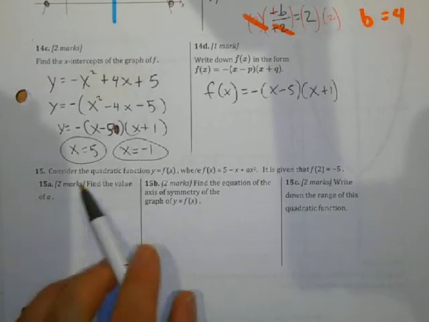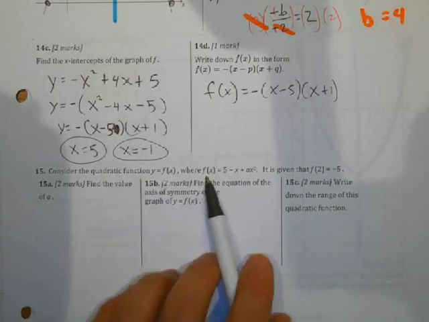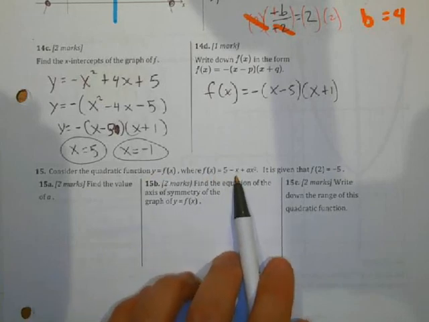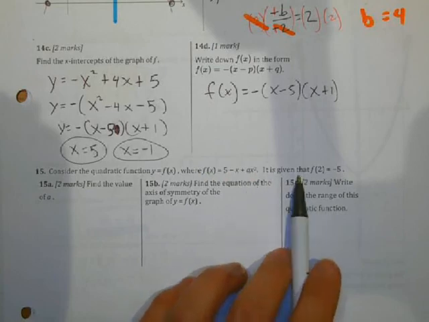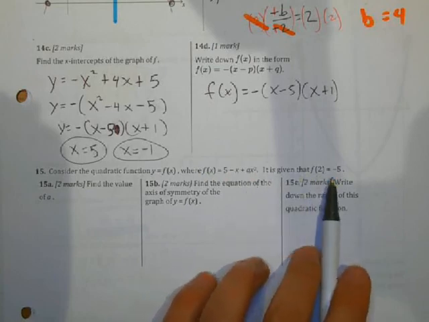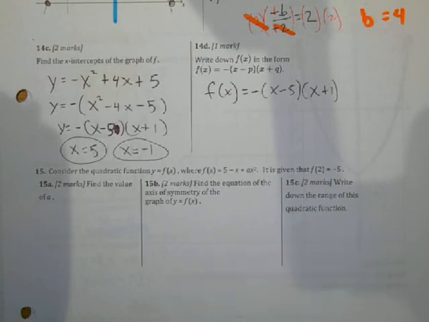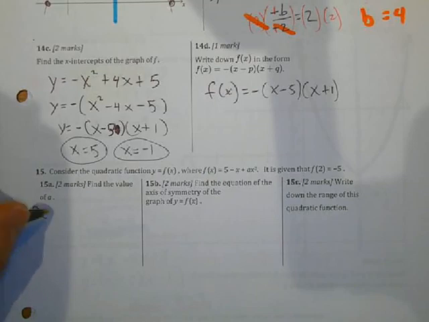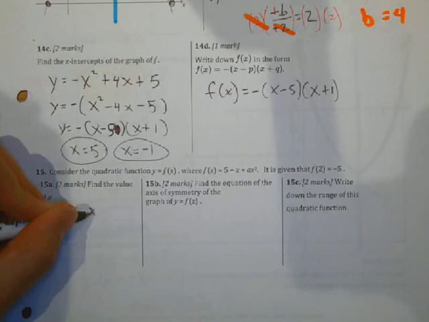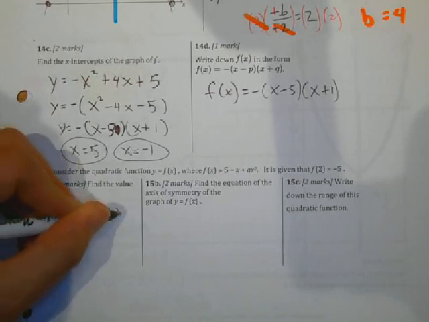Okay. All right, number 15. Consider the equation of f of x, where f of x equals 5 minus x plus ax squared. Given when x is 2, y is negative 5, find the value of a. Okay, so I'm just going to rewrite the equation: 5 minus x plus ax squared.